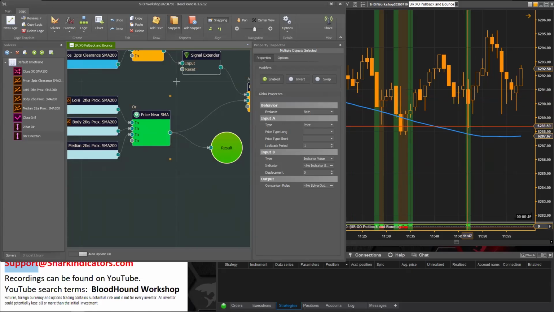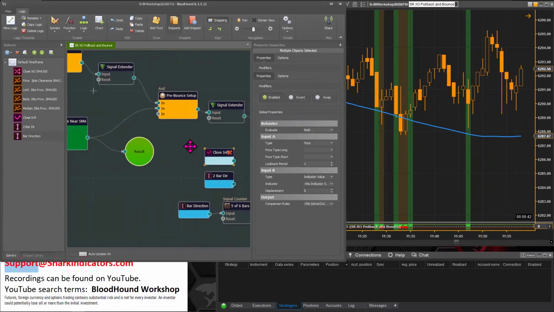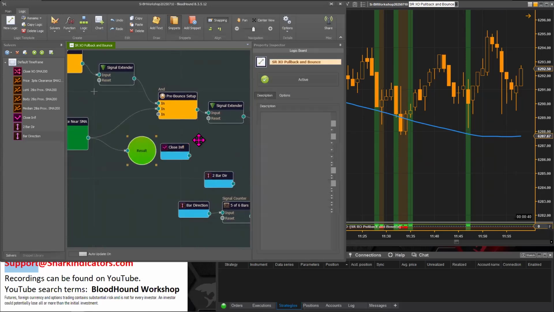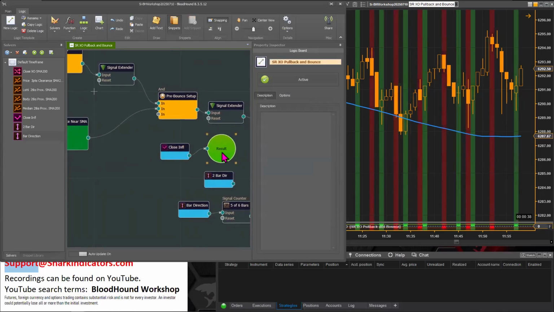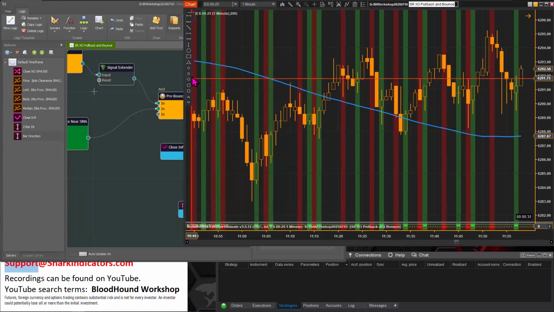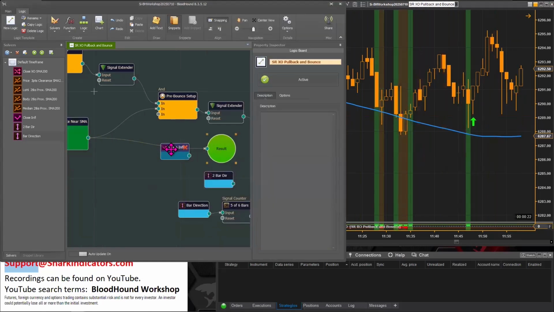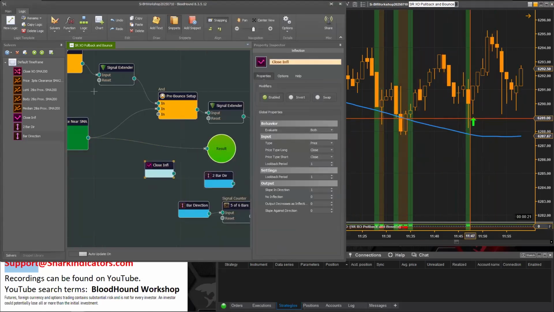We only have 1 bar that's near, and then this bar here that reverses away. Remember, if we're just using our inflection solver, like so, here's our bar. Let's mark this. That's the bar that reverses away. But remember, only 1 bar got close enough.